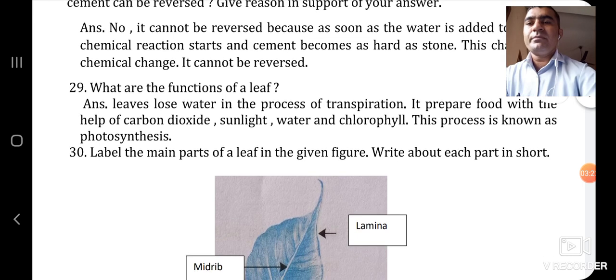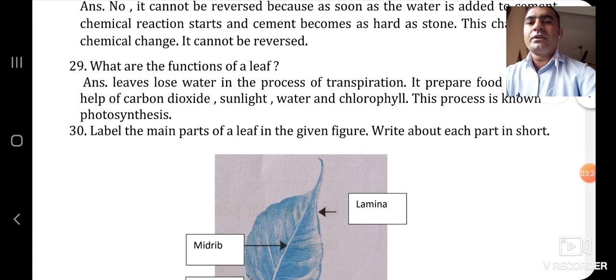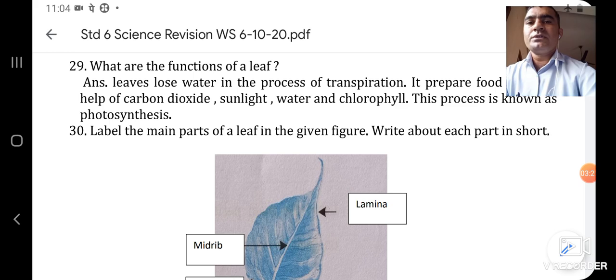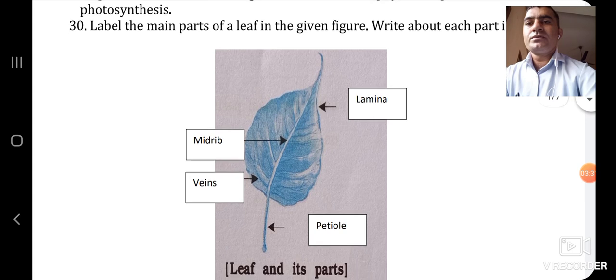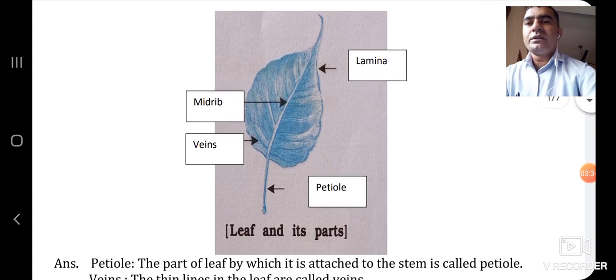Right. So the next question is: label the main parts of a leaf in the given figure and write about each in short. A leaf diagram is given with arrows, so where an arrow is given, we have to label the part. First is lamina. The green broad part is known as lamina. The thick vein in the middle of the leaf is known as midrib. Veins are the thick lines in the leaf.